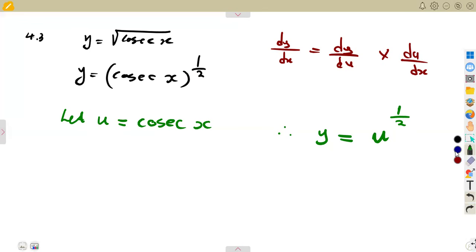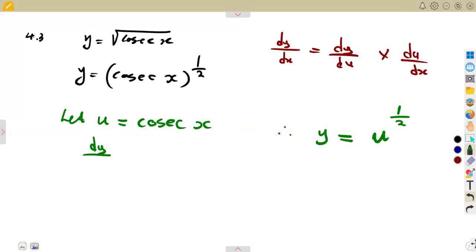As you can see from the formula, we need the derivative of y with respect to u, and the derivative of u with respect to x. So let us differentiate and see what we get.